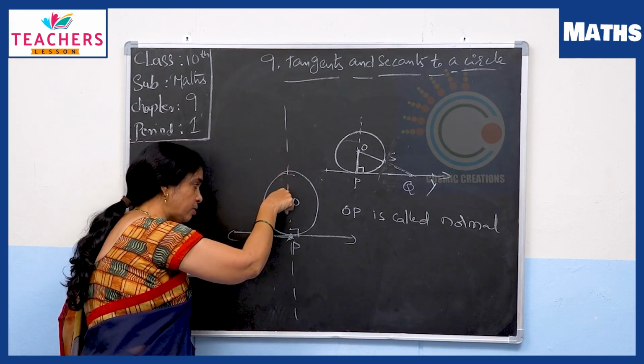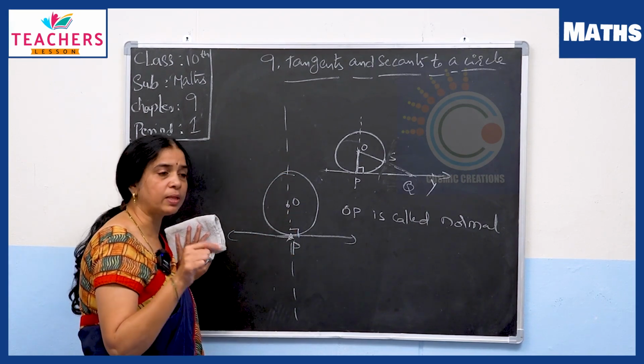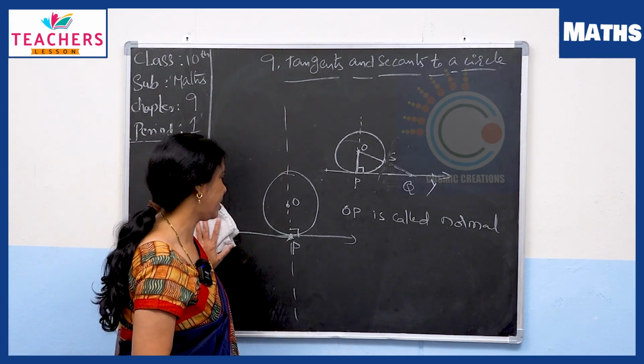Vice versa, if any line passes through the center, it is perpendicular to the tangent at the point of contact. Got it? Yes.